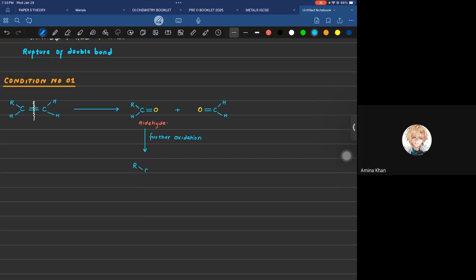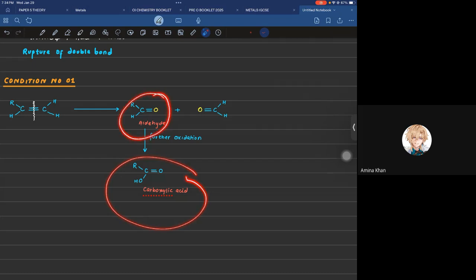And finally, you will see this product. You know, this is what? This is carboxylic acid. तो भाई आप डायरेक्टली बना दो यार ये. Whenever the examiner is going to ask to oxidize this, you can directly write down this product rather than making the aldehyde.